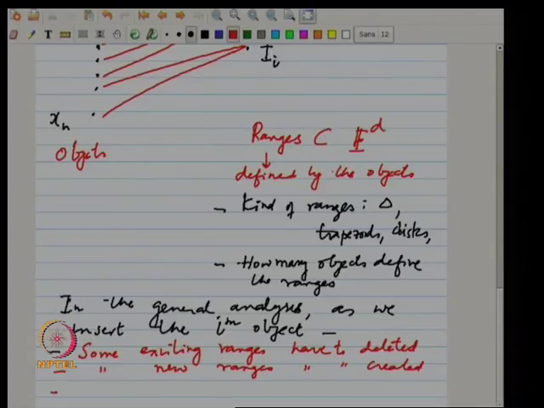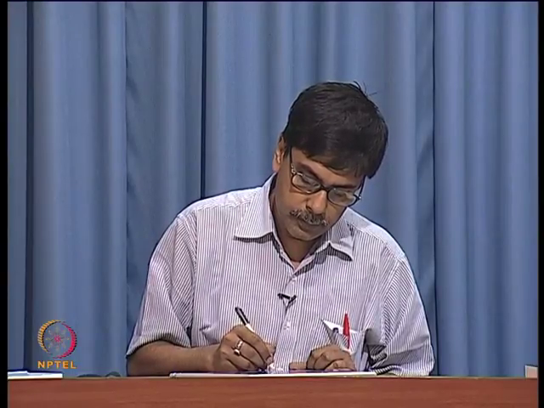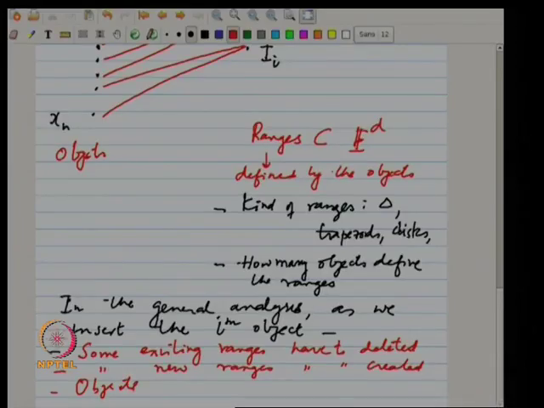Some of the old edges will disappear, the relationship between the objects and the ranges that are affected. The ones that are deleted, those objects will have to be redistributed to the new ranges. So you can see the real cost of the ith step comes from this third step.